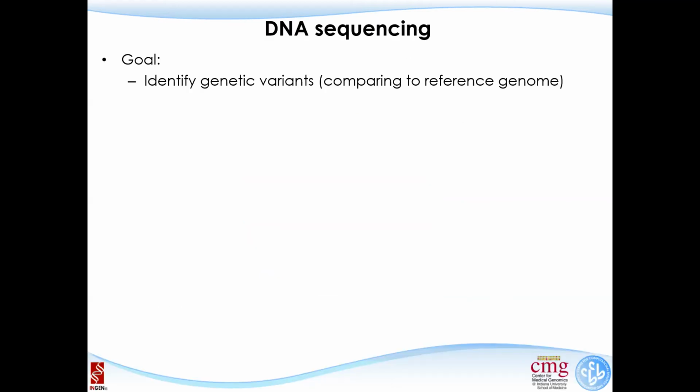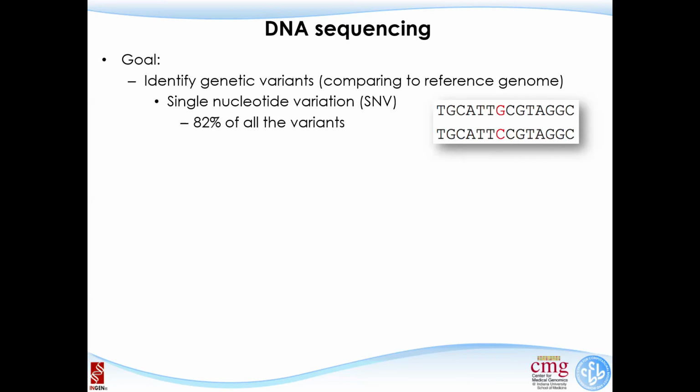Okay, so now let me give a little more detail about the individual types of applications. The first one is DNA sequencing. For the people in our medical school, the major goal is to do reference-based resequencing, where our goal is to identify the genetic variants compared to the reference genome.